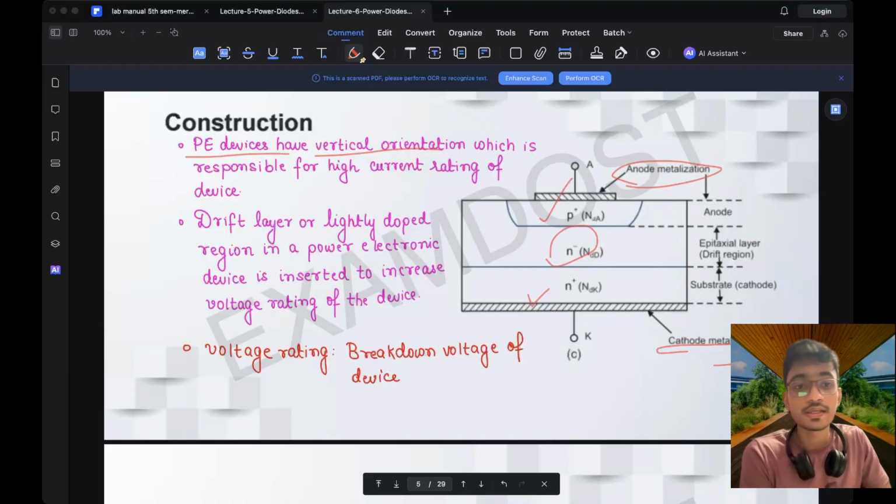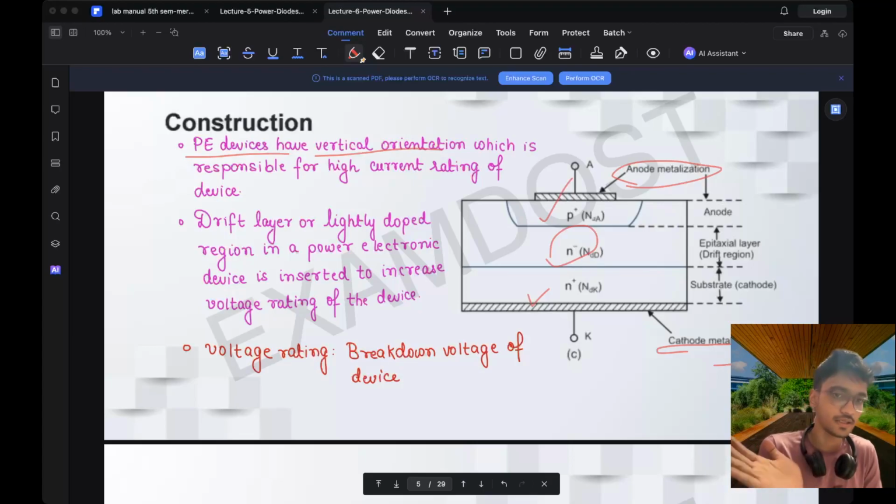There is a drift layer also. Why is this drift layer there? The drift layer is obviously a lightly doped n minus region. So the n minus region will have fewer charges, and its doping concentration is low.